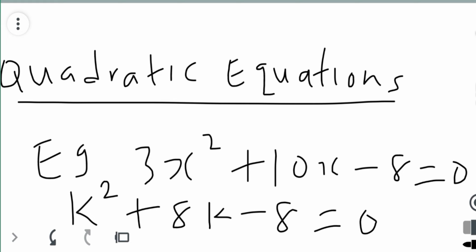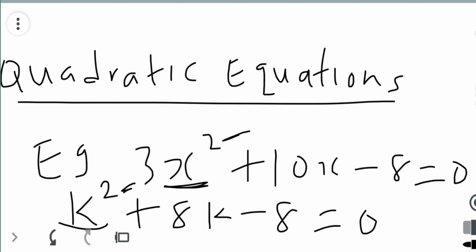What you should know here is that the highest power of the unknown here is x, and the power is 2. As well, in the other one, k squared, the unknown is k, and the power is also 2. So when you have that, we call it a quadratic equation because the highest power of the unknown is 2, and we have just one unknown.